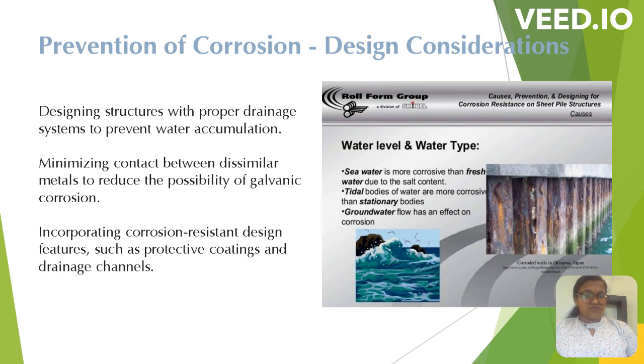The next method is design considerations. Designing structures with proper drainage systems to prevent water accumulation, minimizing contact between dissimilar metals to reduce the possibility of galvanic corrosion, and incorporating corrosion resistant design features such as protective coatings and drainage channels.